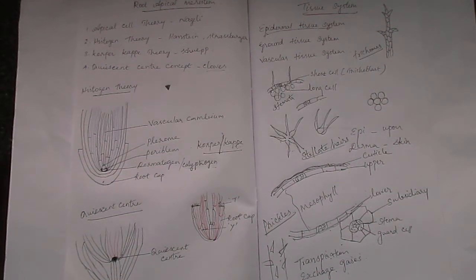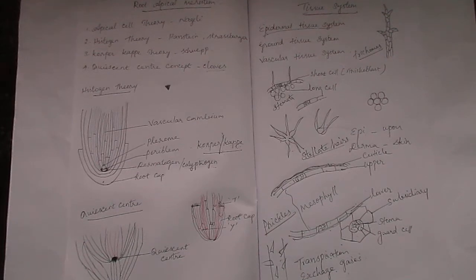The cuticle checks excessive loss of water. The epidermis protects the underlying tissues, and stomata are involved in transpiration and gaseous exchange. Prickles give protection, and glandular hairs repel herbivorous animals.